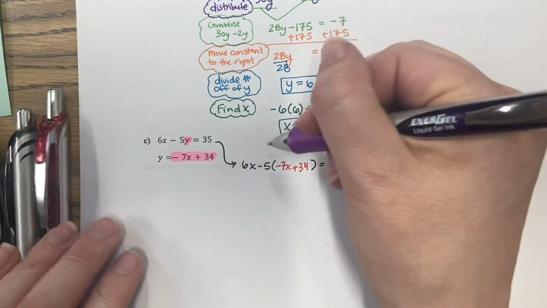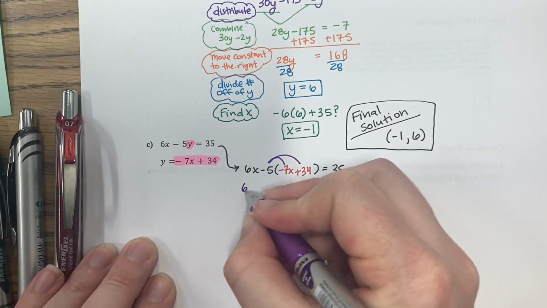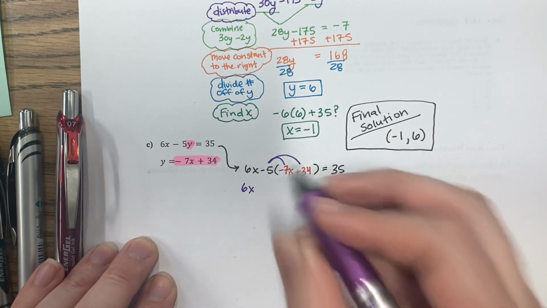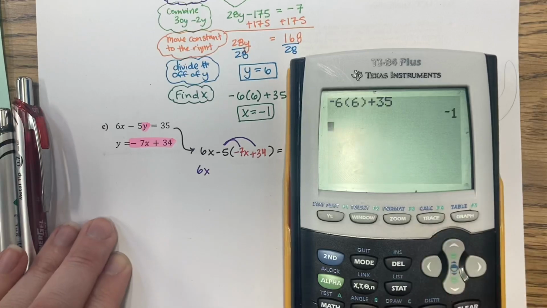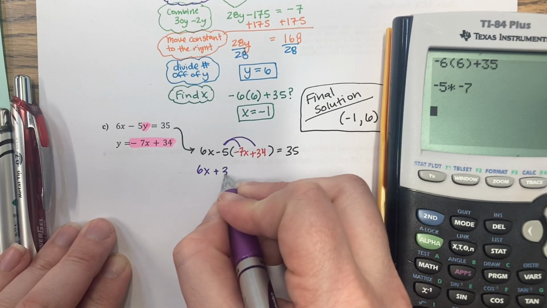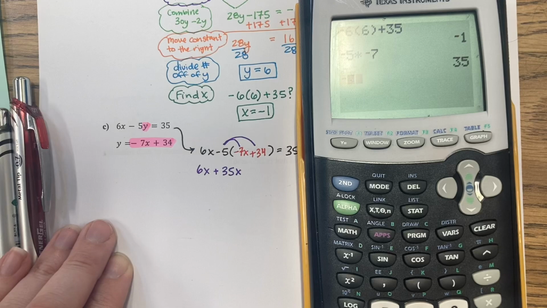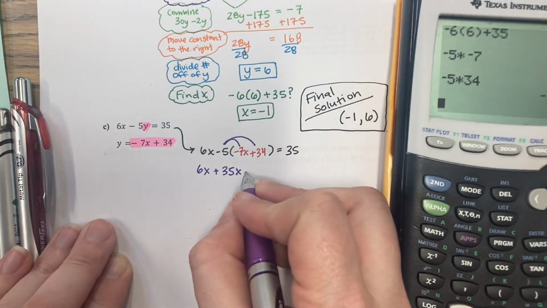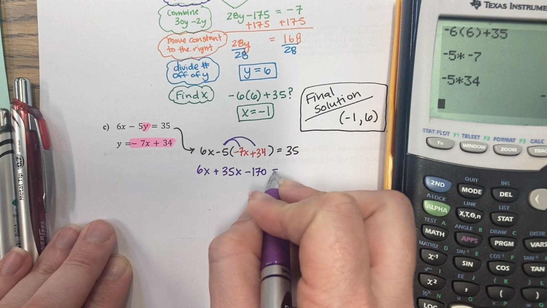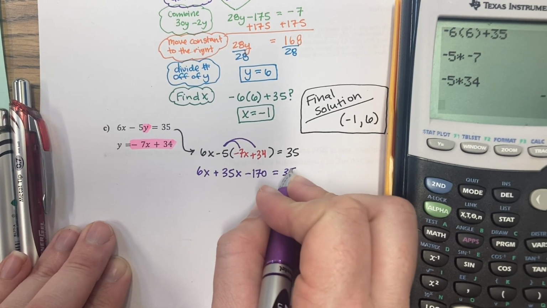We then distribute. 6x is fine. Negative 5 times negative 7 makes positive 35. Positive 35 with an x. Then I have a negative 5 times a positive 34, which gives me negative 170. And I'm done distributing, parentheses end, so the 35 is left alone.